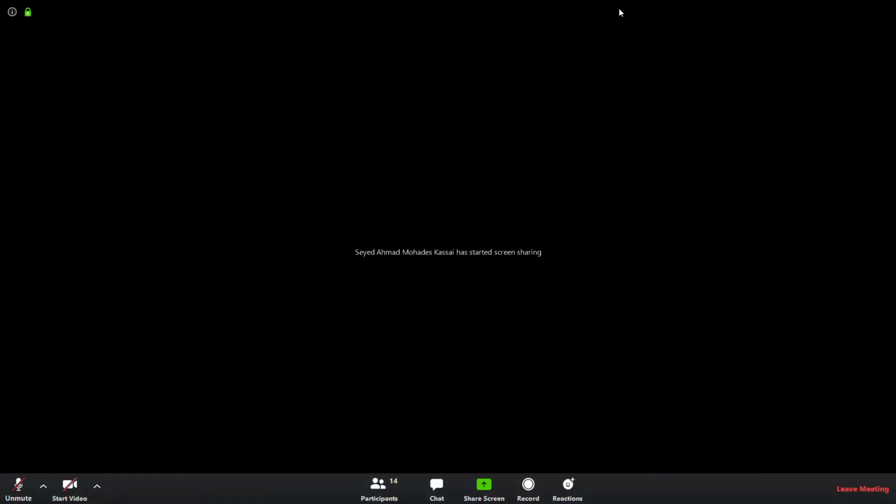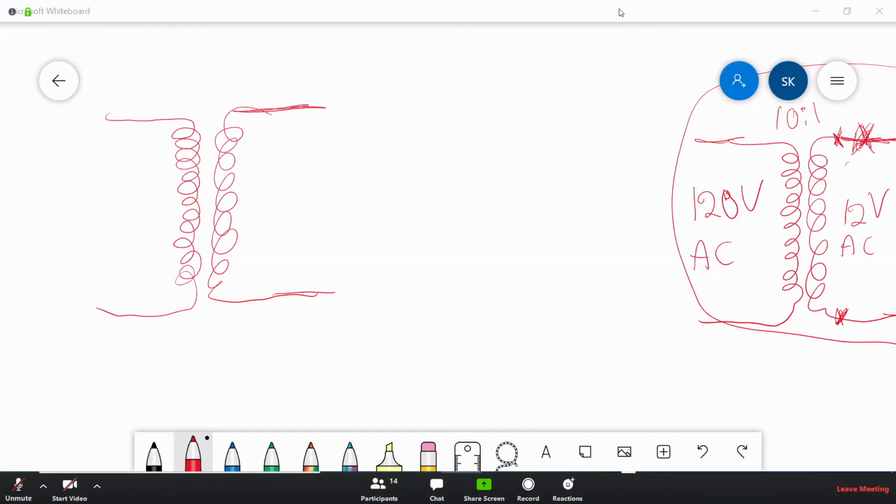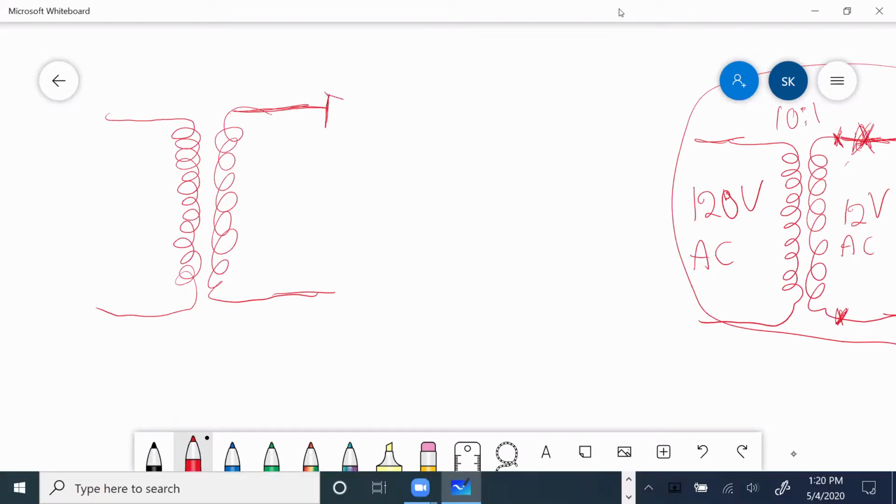When I use this kind of transformer, that is the diode that I had before. Then I'm going to use a center tap transformer. And I am going to put another diode there. And now I am going to bring out, how do I do this?